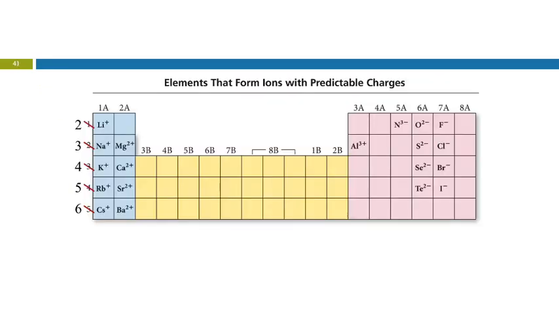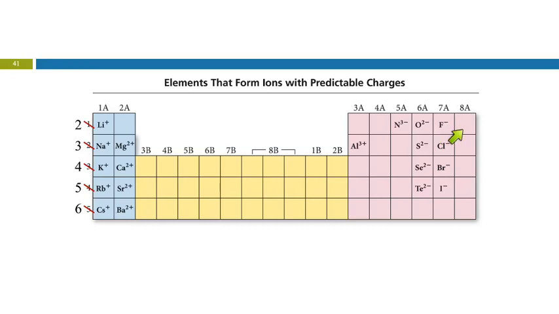So we have the noble gases over here, and these are the elements that form predictable charges. They screwed up here because hydrogen isn't up there, and so they numbered it wrong. So you might want to fix that.